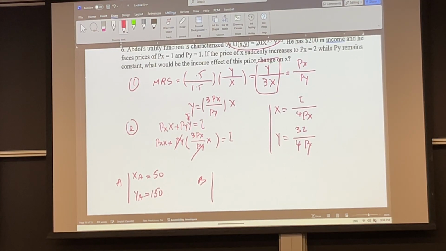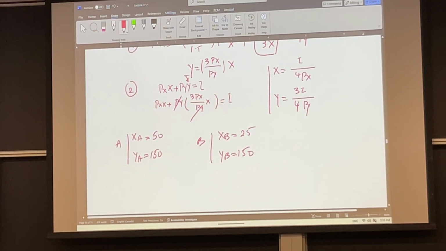B is the terminal bundle, that is when the price becomes 2. What's the demand when the price becomes 2? Anyone? 25. Right, that's the demand for X. For Y, it will be the same.